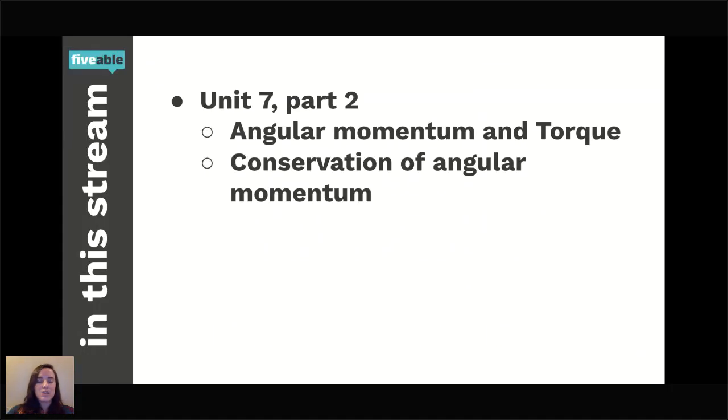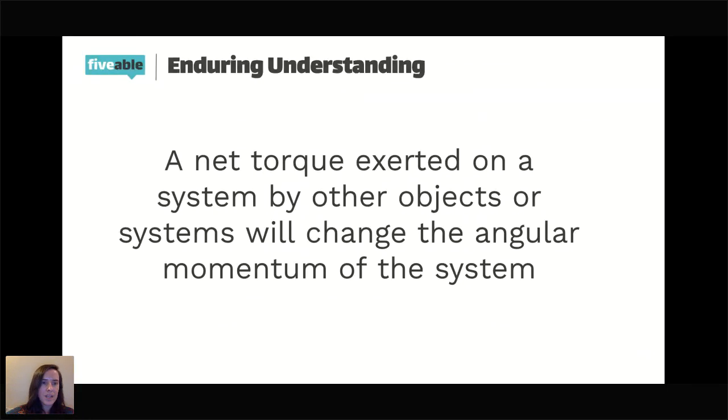Okay, so this stream is Unit 7, Part 2, aka Angular Momentum and How Torque Causes Angular Momentum, and then Conservation of Angular Momentum. One of the big ideas of this unit is that a net torque exerted on a system by other objects or systems is going to change the angular momentum of the system.